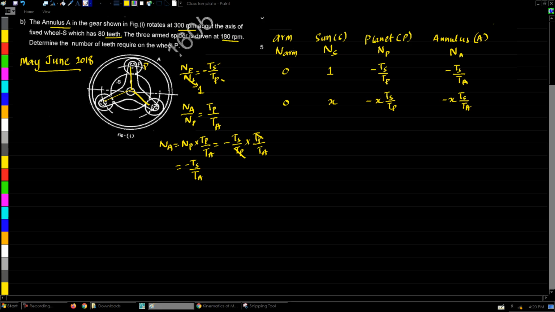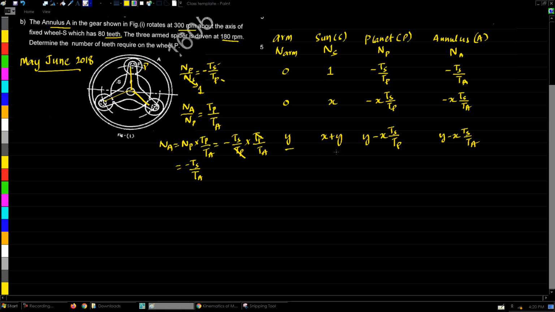Complete arm itself, we are going to rotate by y rotations. So when that happens, each of these gears are going to rotate by y. So 0 plus y is going to be y, x plus y will remain as it is. Here we will get y added, so minus x ts by tp plus y, and this term here becomes y minus x times ts by ta.